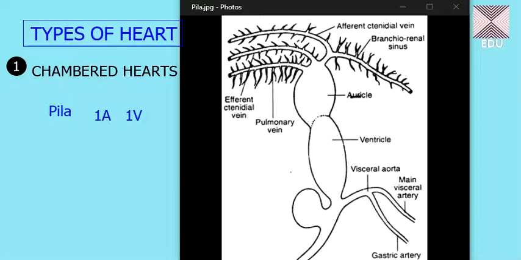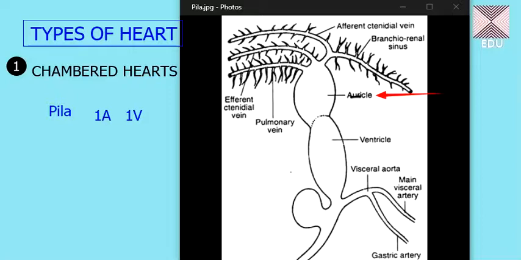One is the auricle and one is the ventricle in this case. The auricle is thin-walled, highly contractile, and roughly triangular in shape, and it is situated in the dorsal part of the pericardium. So here you can very well see this is the auricle in the case of the pila.